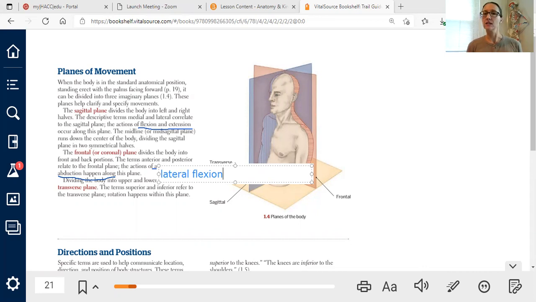And abduction and adduction occur at the shoulders and at the hips. So abduction is bringing the arm away from the body, and adduction is bringing it back towards the body. Okay, so kind of like you're trying to fly, okay? Abduction and adduction, lateral flexion. Okay, so those are the movements that occur on that plane.